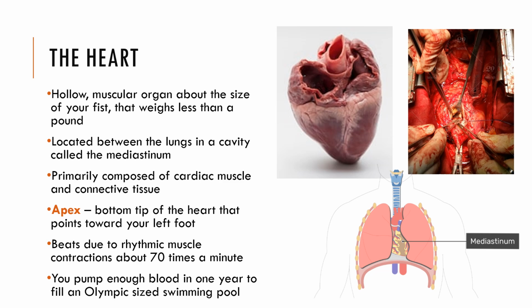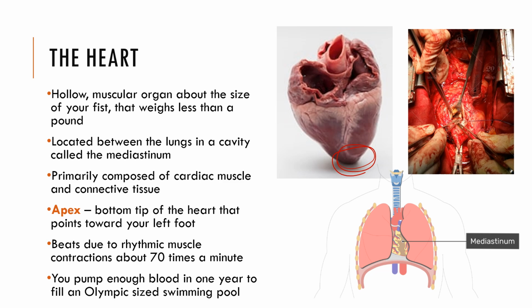Now we call the very bottom right here the apex of the heart, and that usually points towards your left foot. That's why when we say the Pledge of Allegiance in the United States, we're told to put our hands over the left side of our chest, and that's where our heart is. No, the heart's right in the center, but the bottom points towards that left foot.